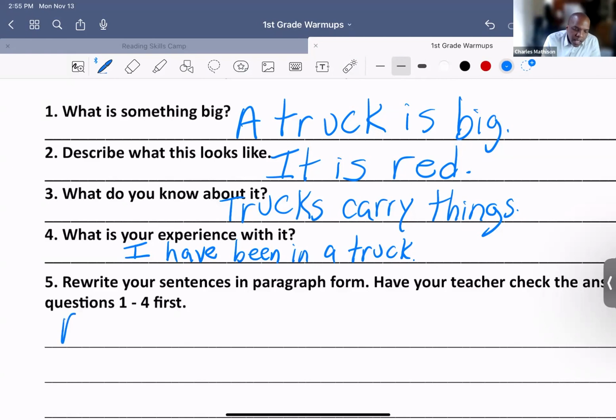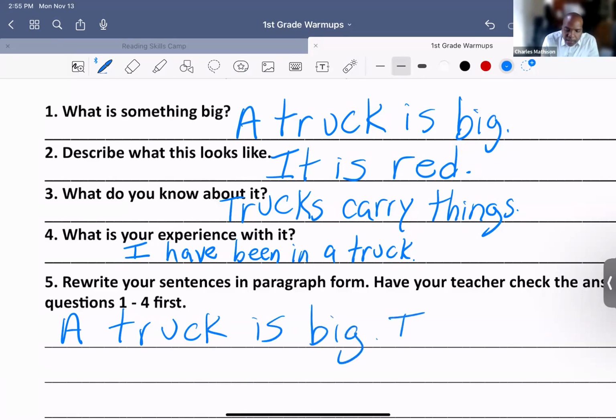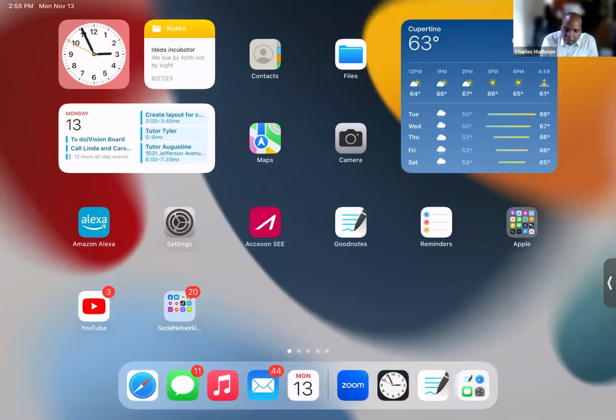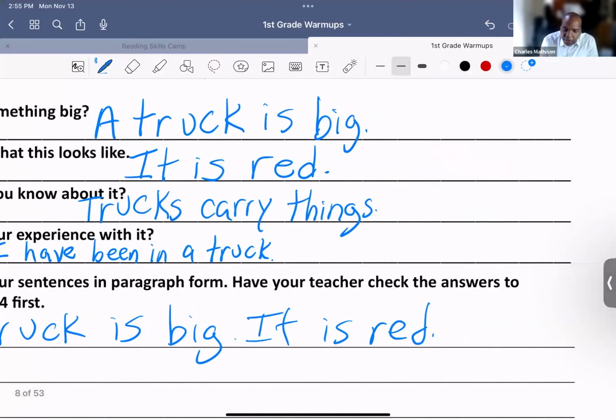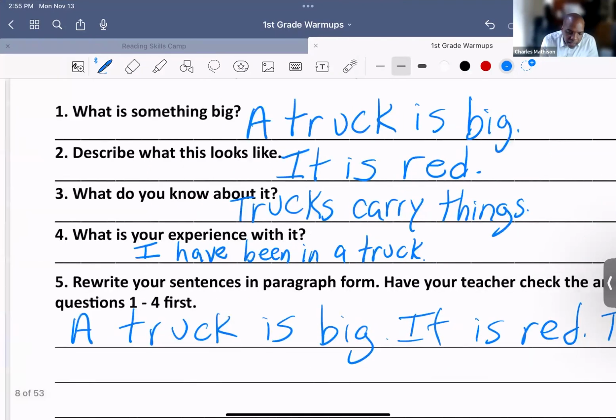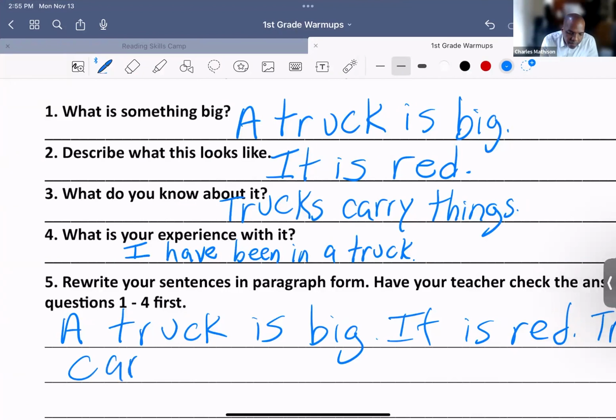So, a truck is big. It is red. Oh, sorry about that. I went too far. Trucks carry things.